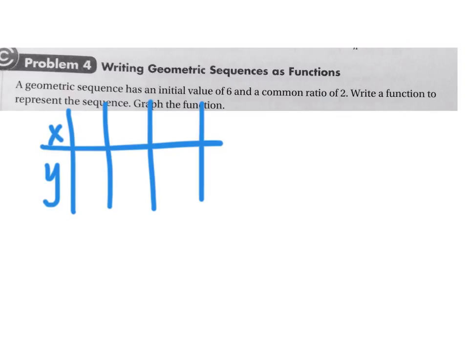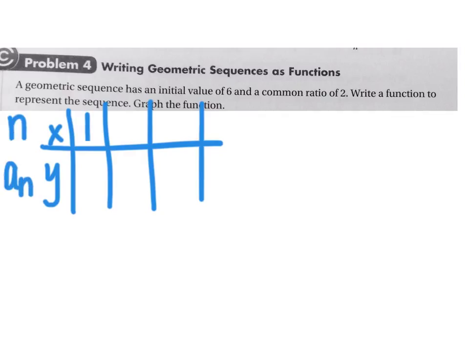So I'm going to use this table, and I'm going to make myself a table representation of the function. So it has an initial value of 6. X is going to be my n, and y is going to be my a sub n.